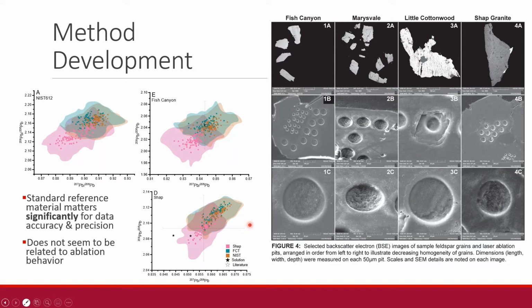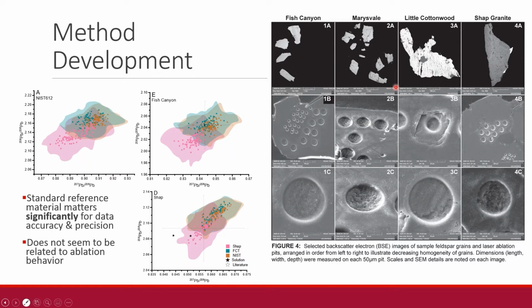Some of these things can actually cause laser ablation issues, meaning that the laser, under the same analytical conditions, will ablate different materials differently. This can cause changes in signal strength, and it can also cause some of these variations in calculated ratios. And so as a part of this, we also wanted to test the ablation behavior of each of these materials.